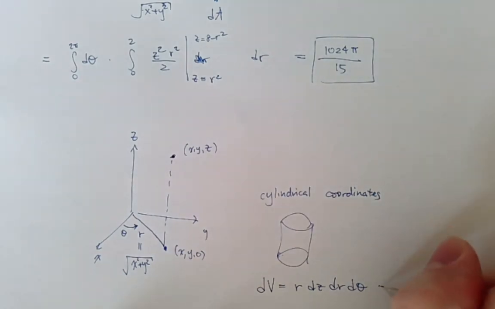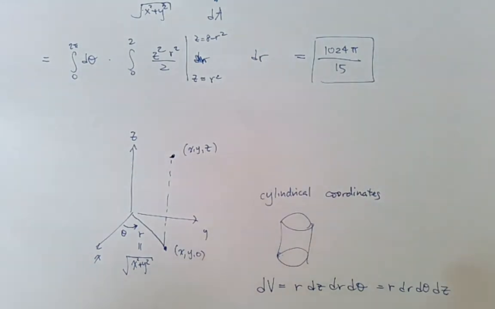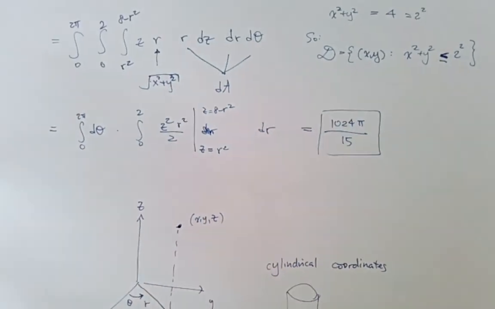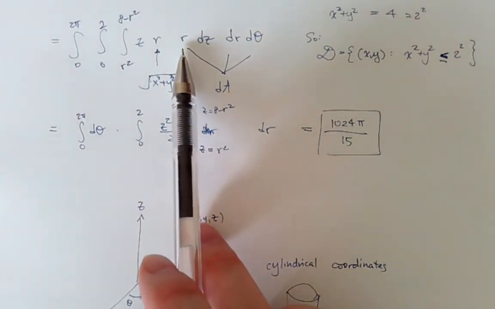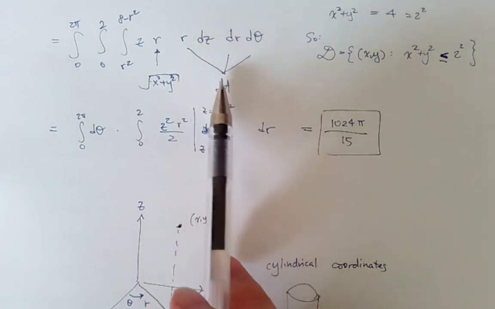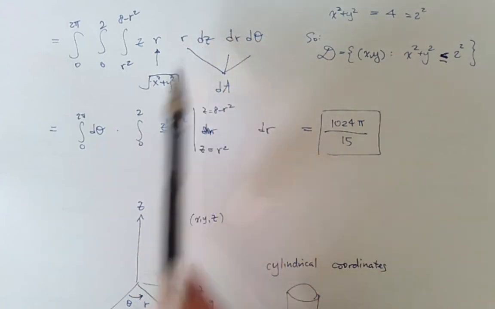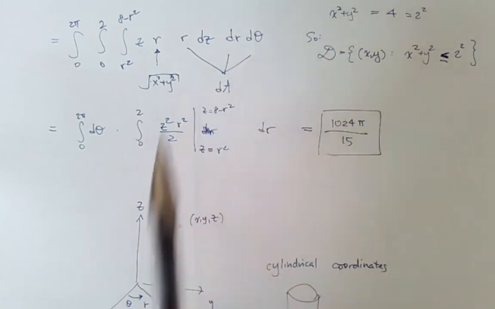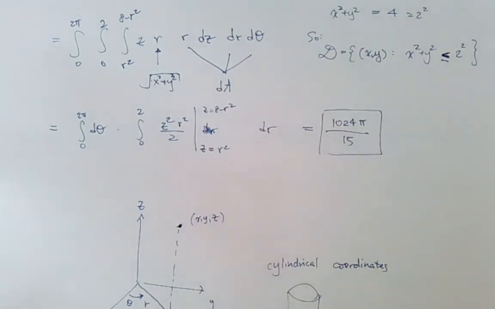Of course, you can also write this as r dr d theta dz, in whatever order you would like. But I would recommend leaving the r in the innermost part, even if you don't integrate it immediately, so that you can recognize this as a triple integral. That's why earlier I awkwardly stuck r in there, even though it's dA, it's r dr d theta. I included that so that we have a standard notation for triple integrals.